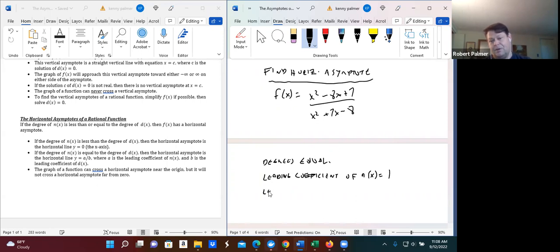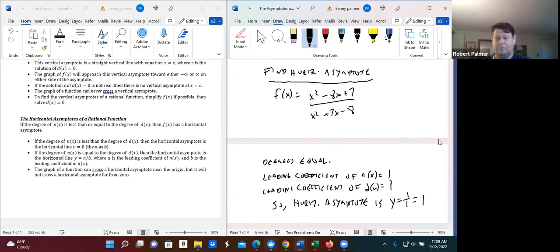And it turns out the leading coefficient of the denominator, d of x, is also equal to 1 in this case. Okay. So the horizontal asymptote is the horizontal line y equals 1 over 1, which equals 1.